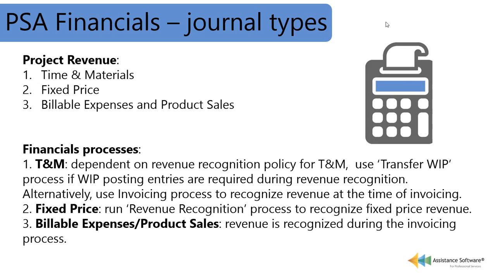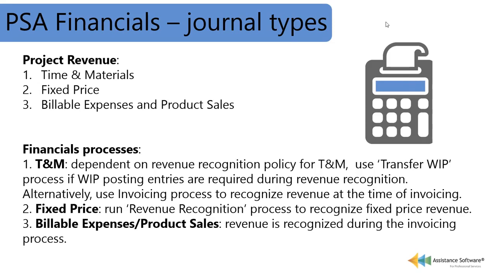It's at that time you want to match the costs with the revenue that's been earned by those costs. So there is a setting we'll take a look at in a few minutes that allows you to generate T&M revenue automatically when the corresponding labor costs are created into the financial transactions database.